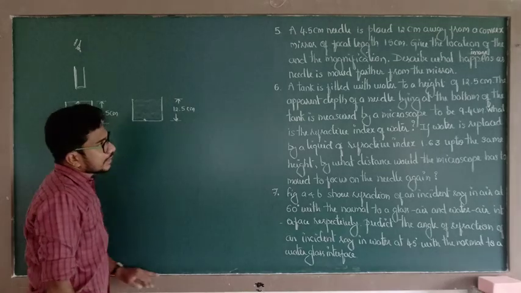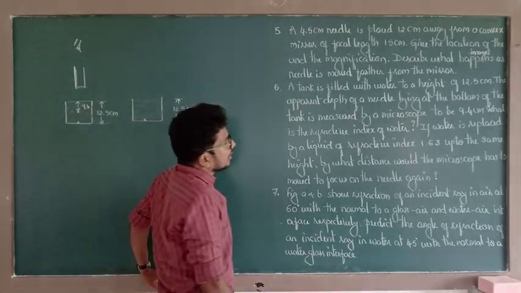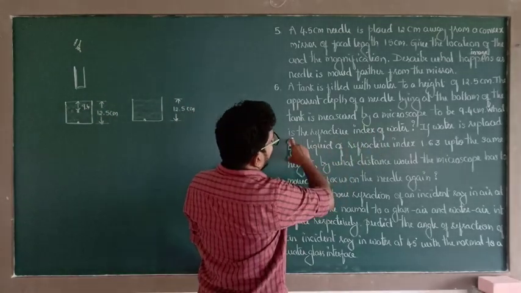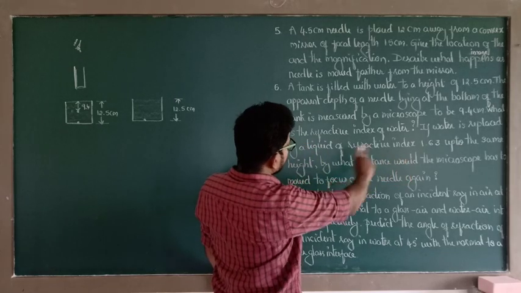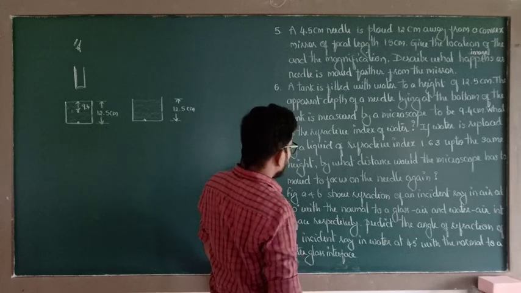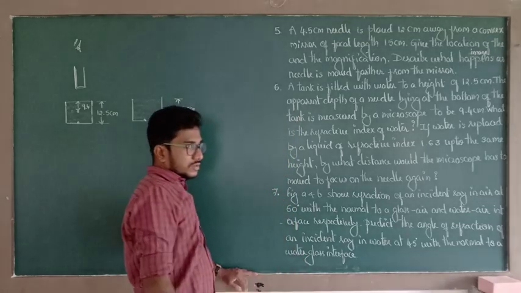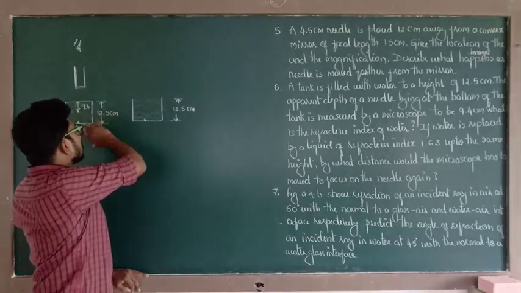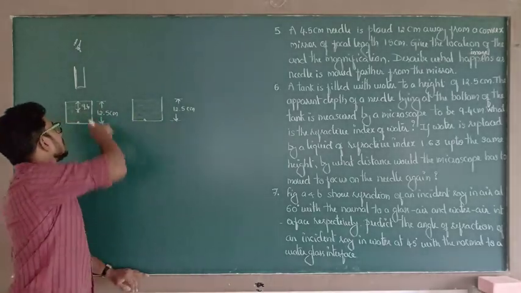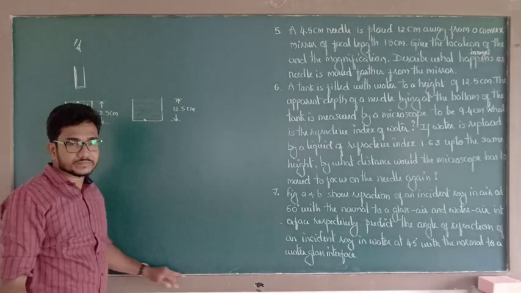So in order to calculate the distance through which the microscope has to be moved to focus on the needle, because when we replace this water by another liquid, there is a change in apparent depth.